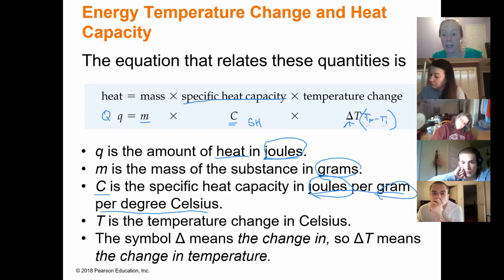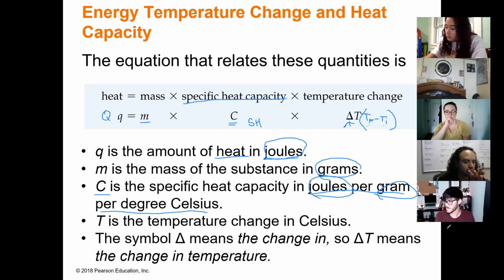That means this value will be negative and your Q value will be negative. That's okay. You can have a negative Q value. The negative Q value just means that the energy is being released into the environment as opposed to absorbed. That makes sense? Positive Q value means it's eating up that energy. It's increasing its temperature. A negative value means that it's releasing that heat.